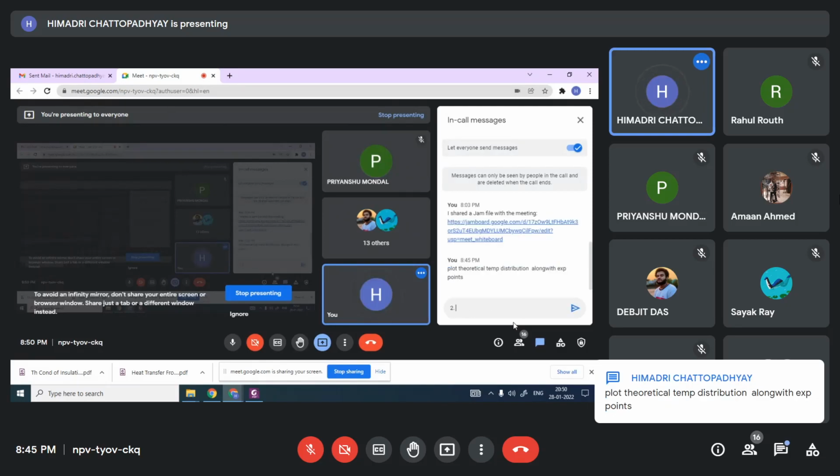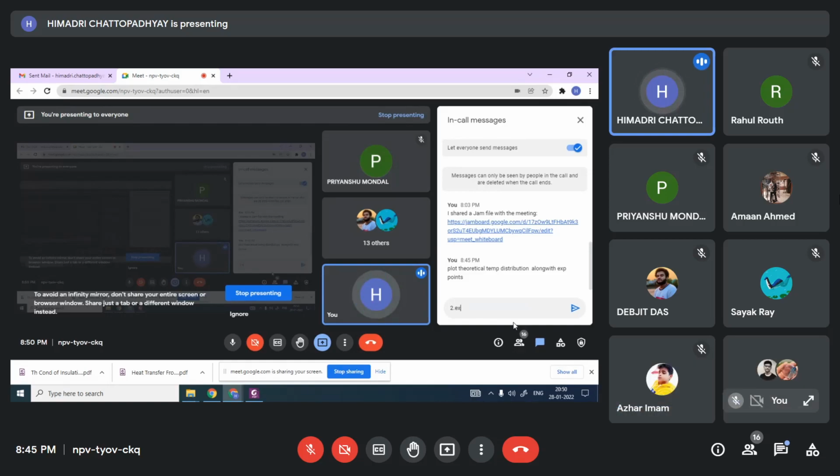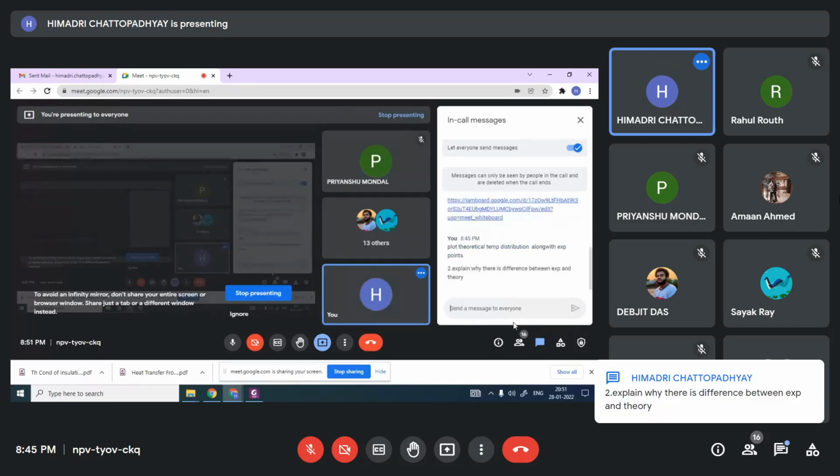Two is why: explain the theory and experiment will not match 100%, so you have to explain why. You have to search yourself. I will not explain, because, for example, there is uncertainty in the experiment, the instrument may have some error, then we have some assumptions. Explain why there is a difference between experiment and theory.